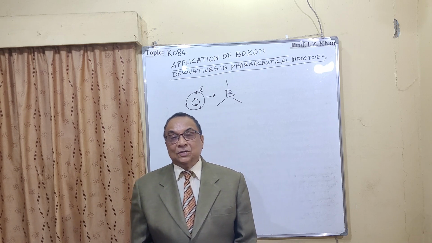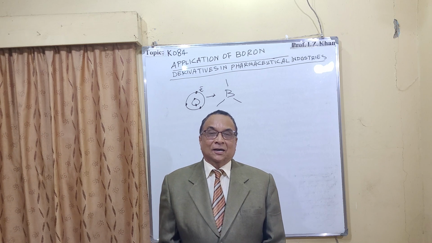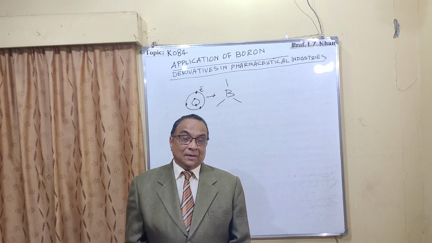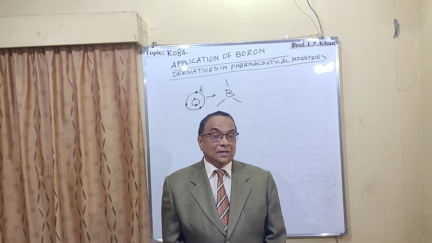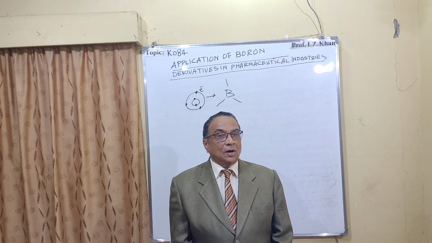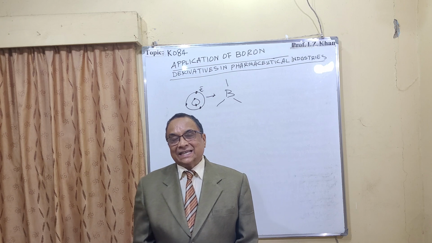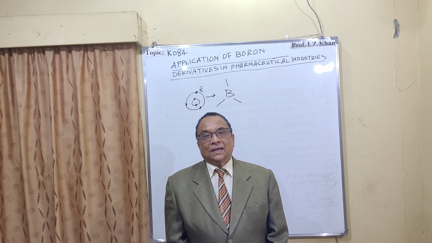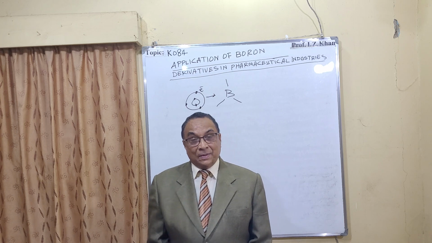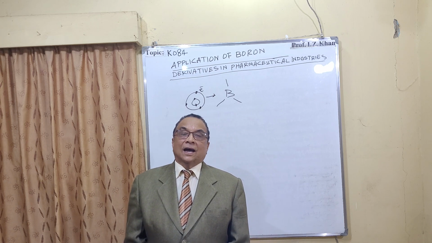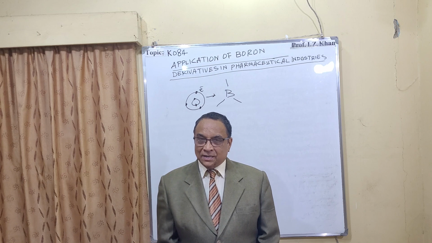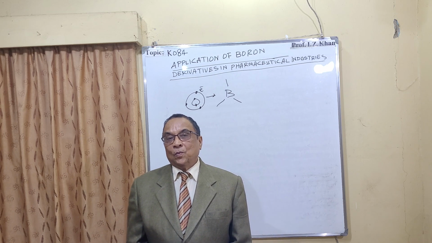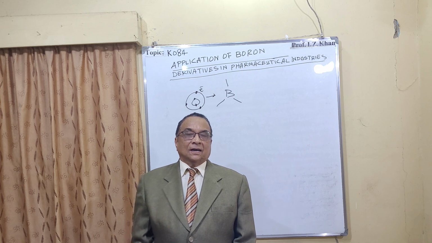Boric acid is widely used in different preparations like eye drops, ear drops, nasal drops, and a lot of skincare products. It is antiseptic, antibacterial, and antifungal, and a very important use of boric acid nowadays is to treat yeast.